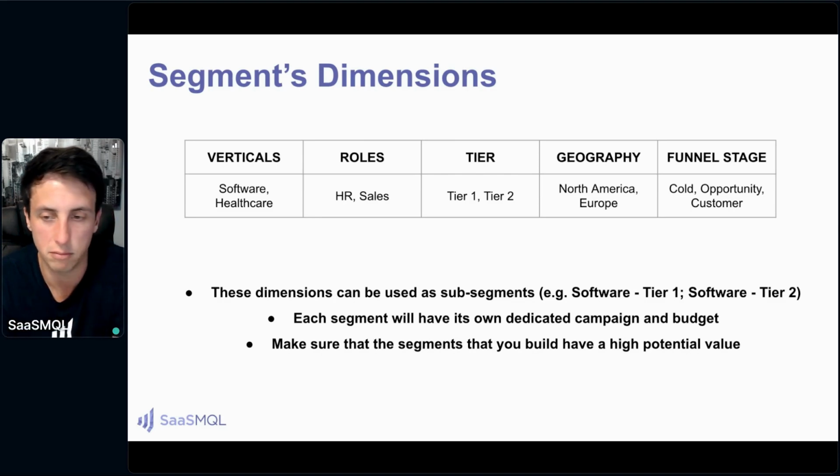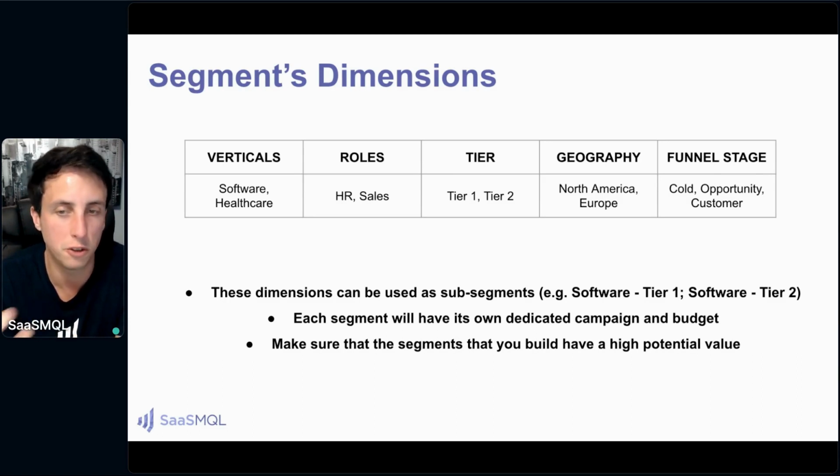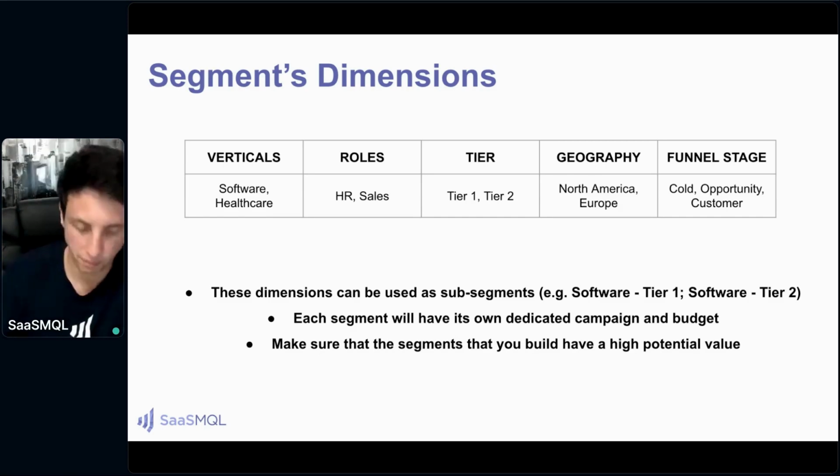If not, you don't want to do that. Make sure the total potential value of them combined is really high, because you're only going to convert a percentage, maybe a small percentage, of that every quarter. So make sure that it is worth it.